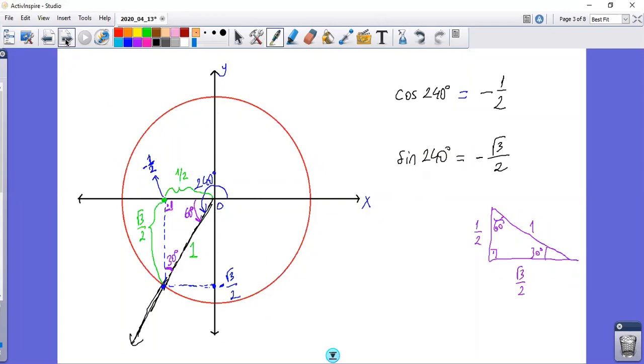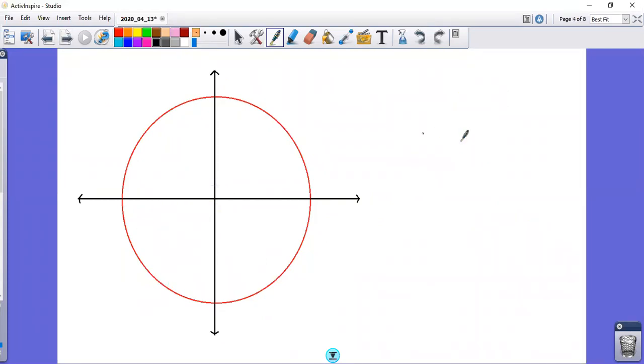Now we are going to do another example using this triangle. Let's say this is 45 and this is also 45 degrees. The side opposite to 90 is 1 because the radius of the unit circle is 1. So these are going to be 1 over root 2 and 1 over root 2.